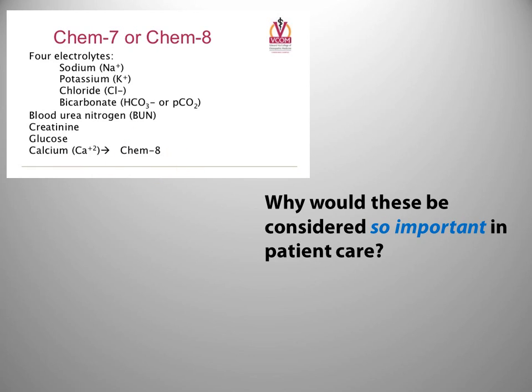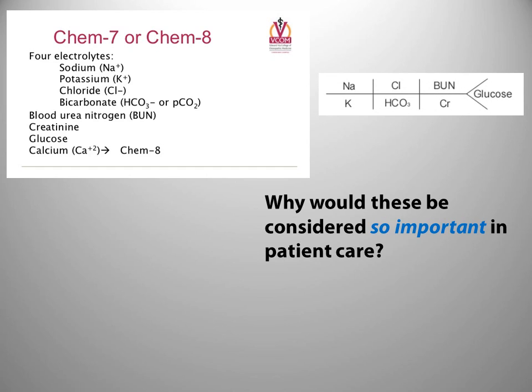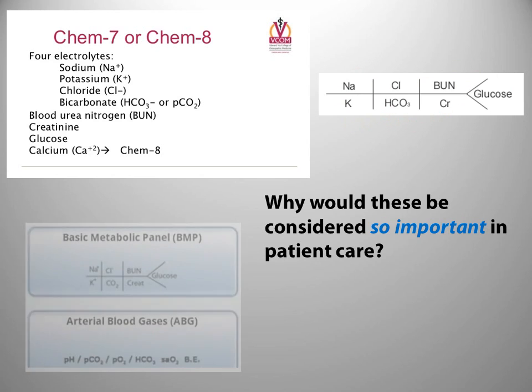So we have things like sodium ions and potassium and chloride and bicarbonate, the amount of nitrogen, creatinine, glucose, and calcium. Why are these so important? Well, if you've listened for the few slides before, it's because they influence protein function. Okay, when you see these in the clinic, you'll often see them broken up in these little fish skeleton type charts.